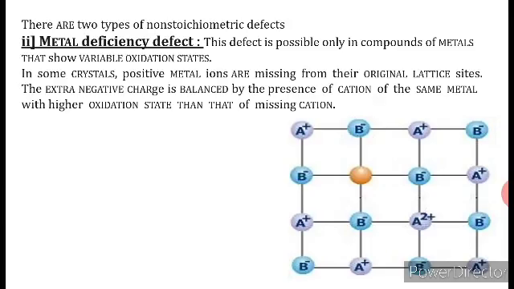Here we can take the example of cuprous and cupric ions. Okay, one cuprous ion is missing, at another place a cupric ion is present, which balances one positive charge. Or you can take the example of iron, which shows oxidation states Fe2+ and Fe3+.